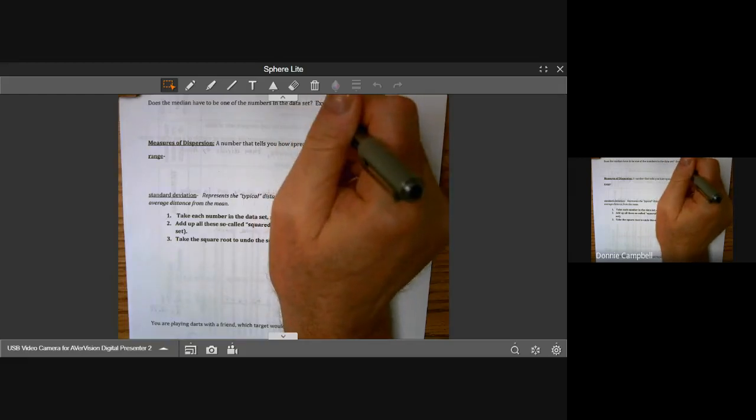Then it says, does the median have to be one of the numbers in the data set?